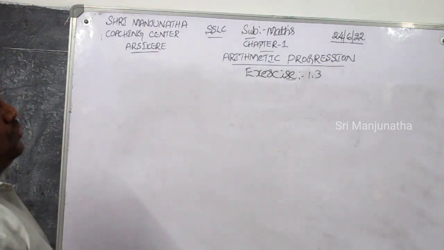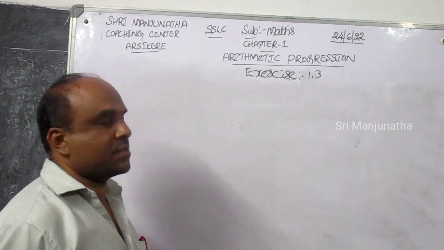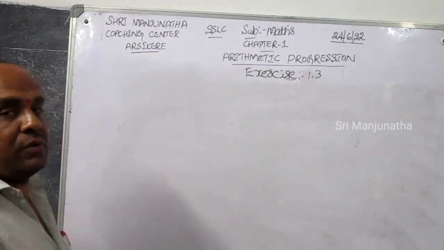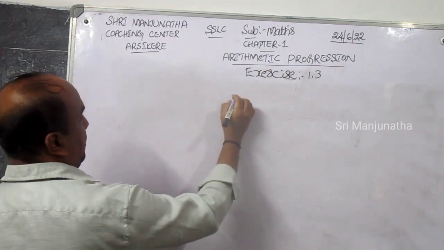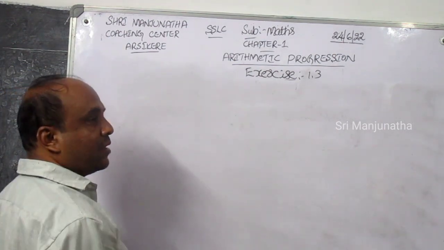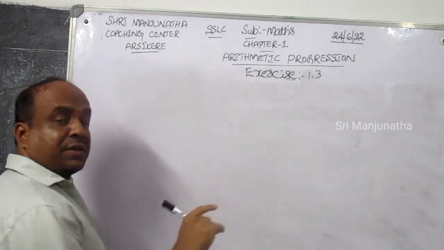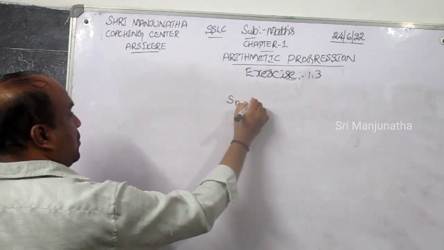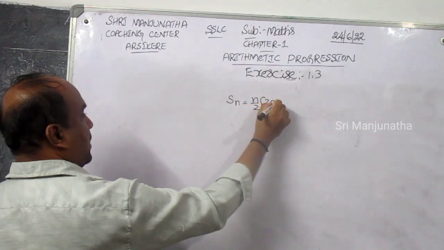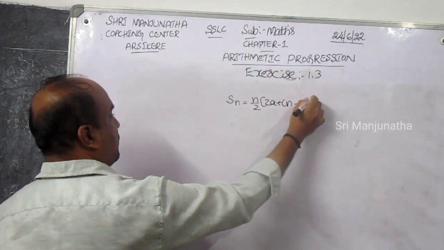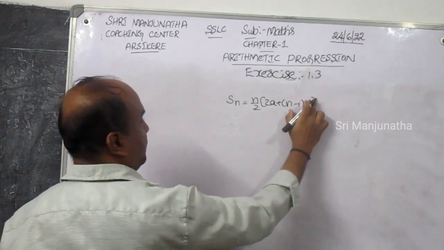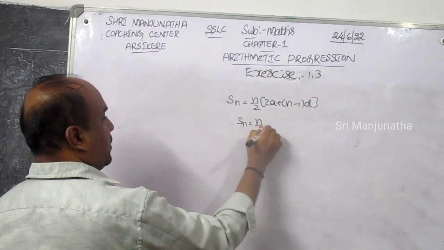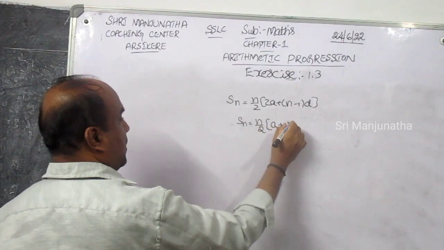Before I start Exercise 1.3, we have to know that all of you understand about the nth term. The formula to find the sum of n terms of an AP is Sn is equal to n by 2 into 2a plus n minus 1 into d, is the formula. Or Sn is equal to n by 2 into a plus l.